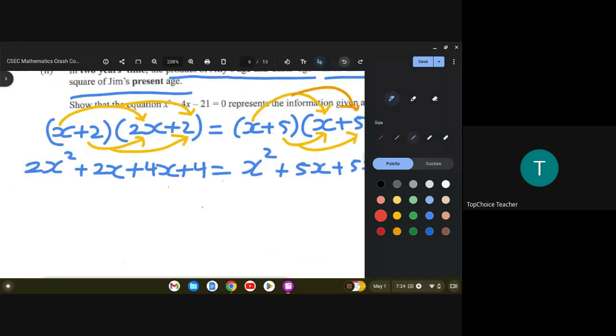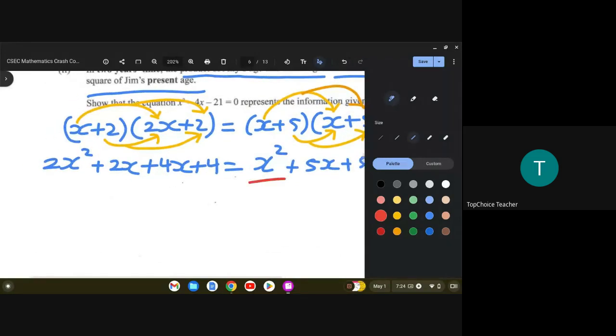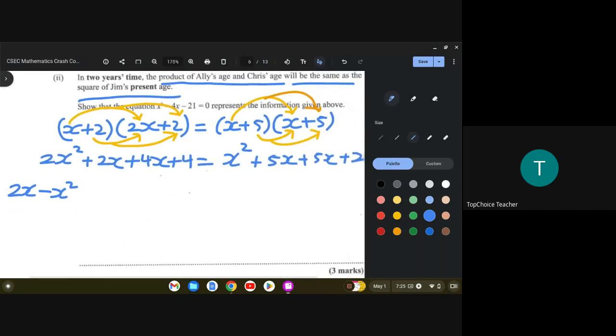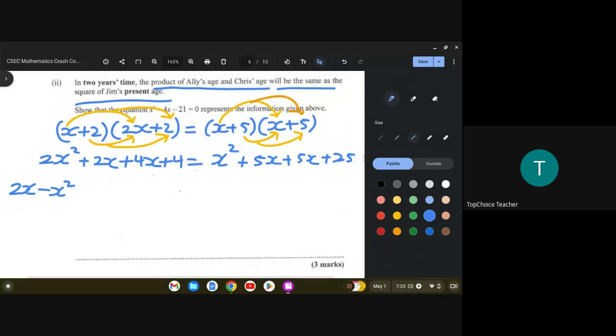So if I am transferring my x squared, it will have to become minus x squared. So I'll have 2x squared minus x squared there. Because once I move something, I need to change the sign. The other way you could describe it is you need to take away x squared from here in order to remove it. But I don't want to get into the technical stuff.